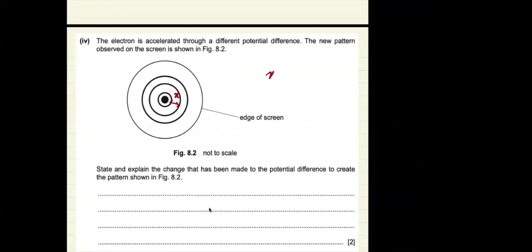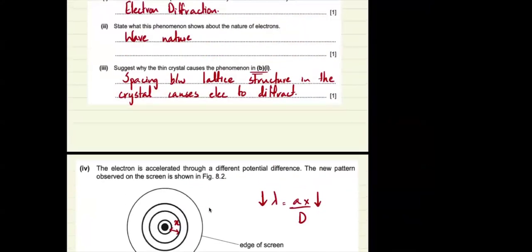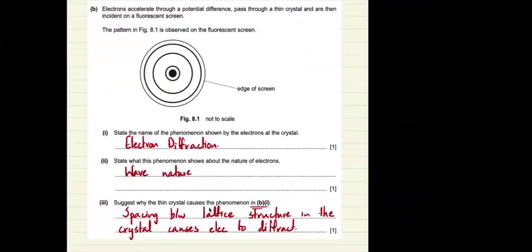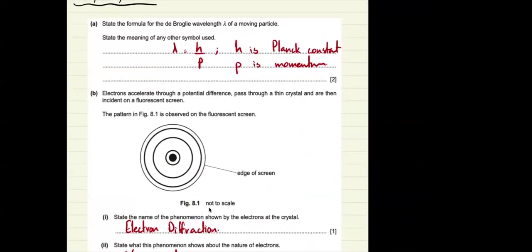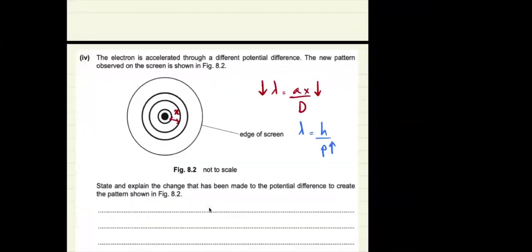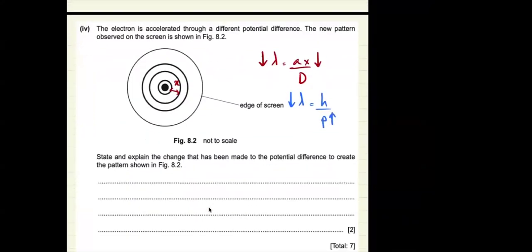So if x has decreased, according to this equation lambda equals ax over D, lambda must have also decreased. And how could lambda have decreased? If momentum is increased. And how could momentum have increased? Because speed has increased because of the accelerating potential increase, right?